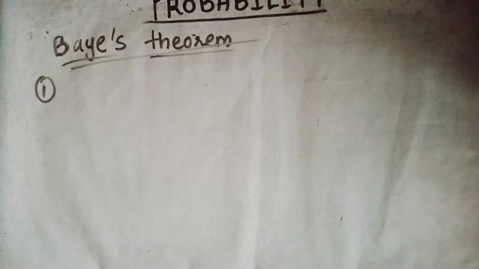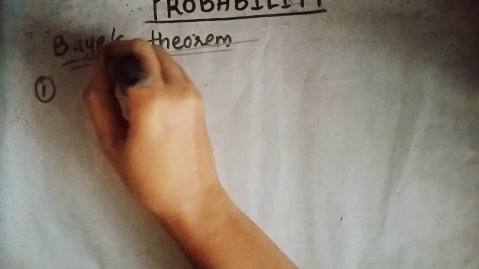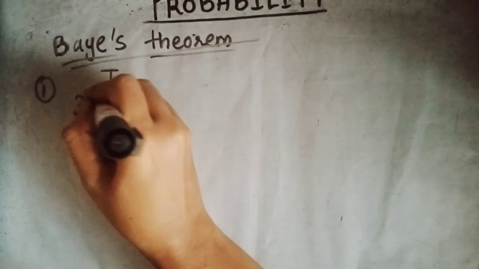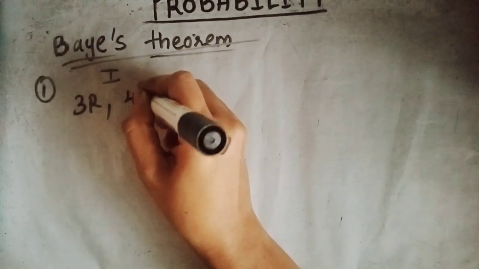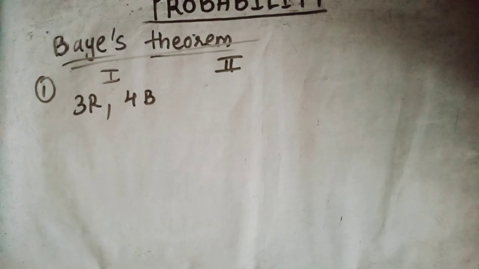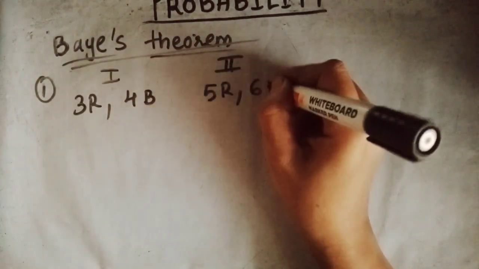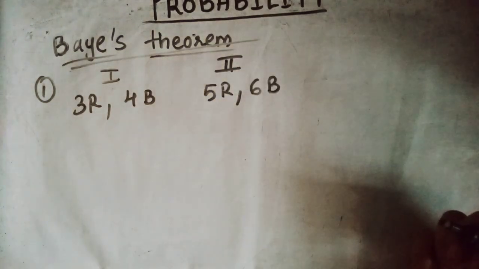So the question is, bag 1 contains 3 red and 4 black balls. Bag 2 contains 5 red and 6 black balls. One ball is drawn at random from one of the bags and it is found to be red.